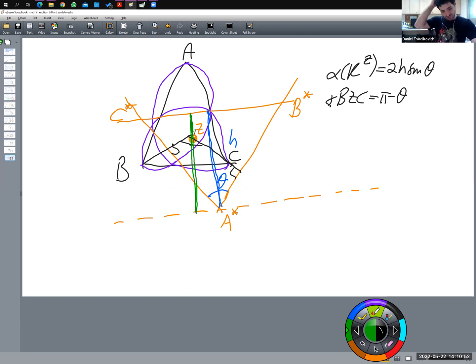Why is that useful? Because by definition of a dual, we can split it into two parts.